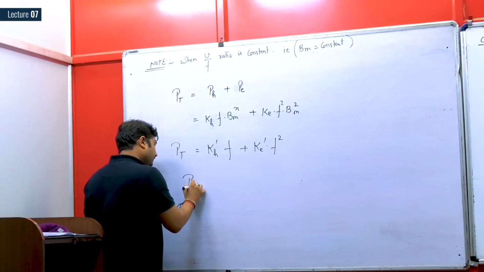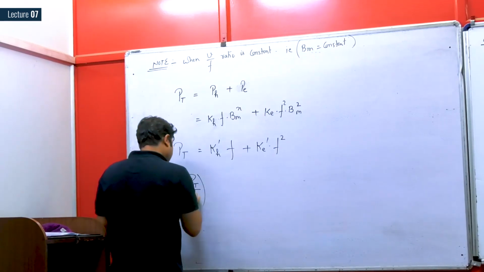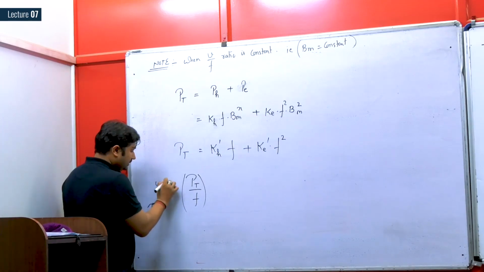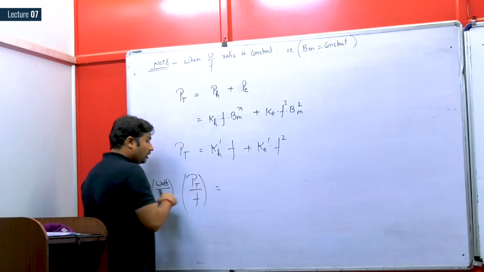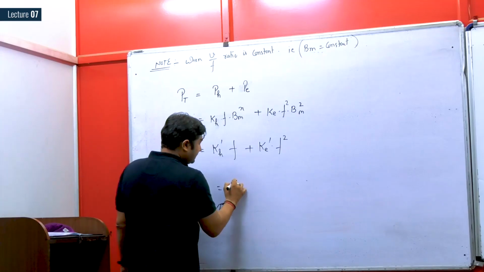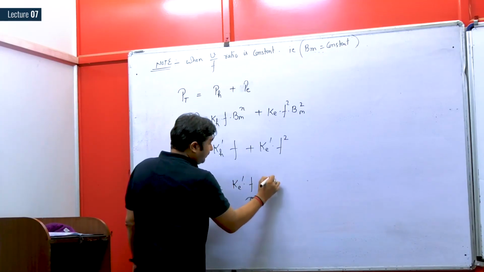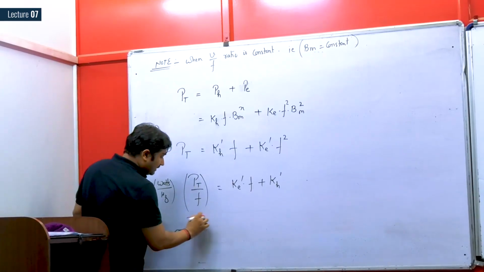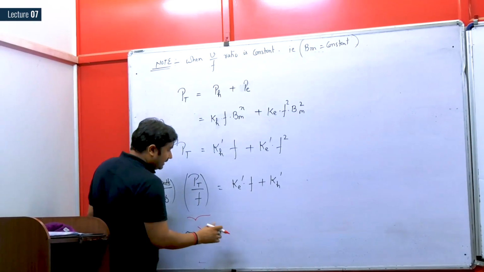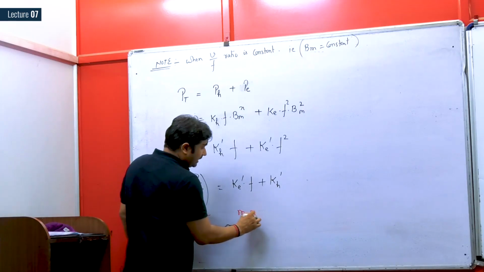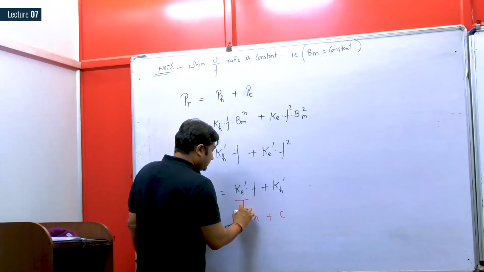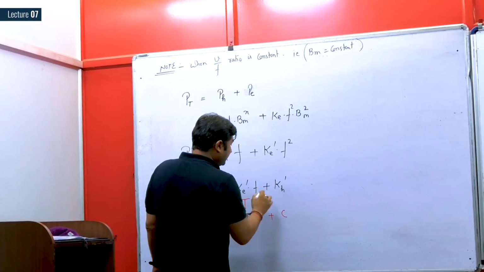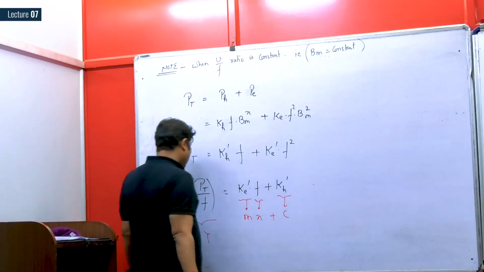One can say, sir, Pt by F is watts per hertz. So the total core loss per hertz can be represented as Ke dash into F plus Kh dash. One can say this is the equation of a straight line, y equals mx plus c, where m is the slope, represented by Ke dash, x is the frequency, and Kh dash is the line constant.